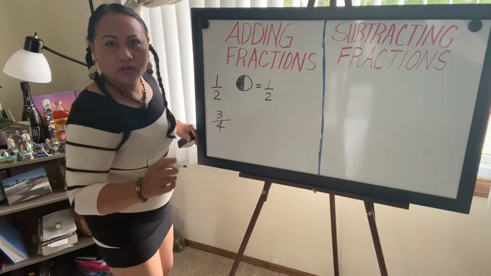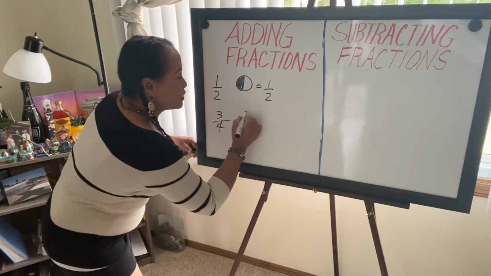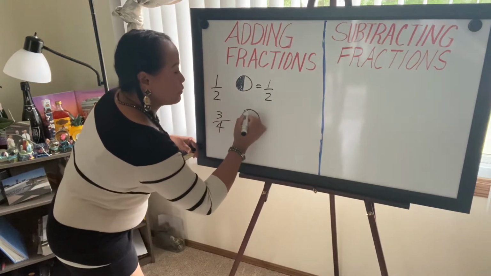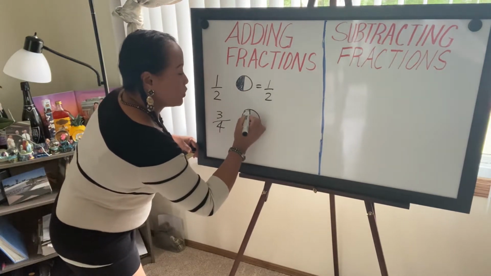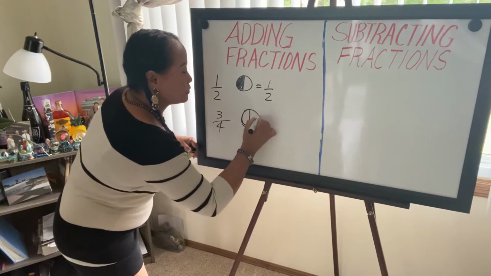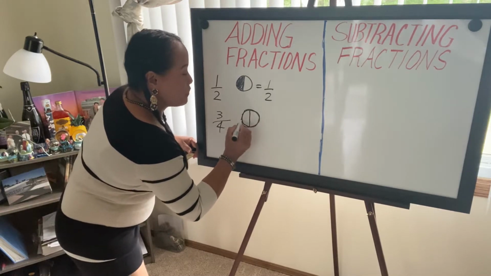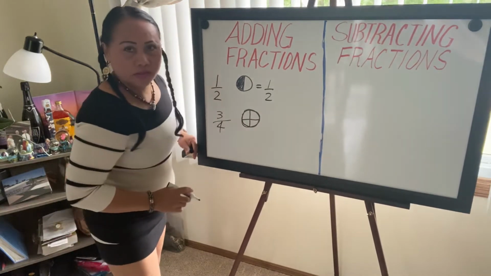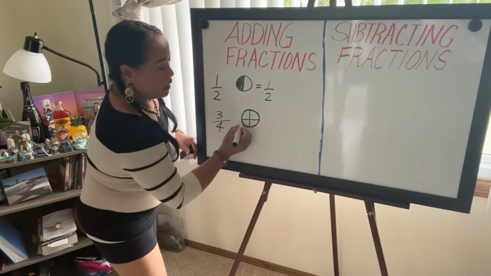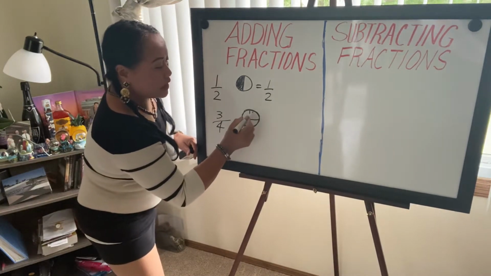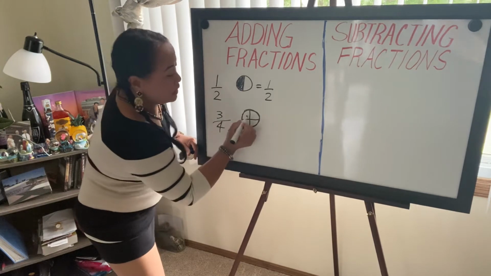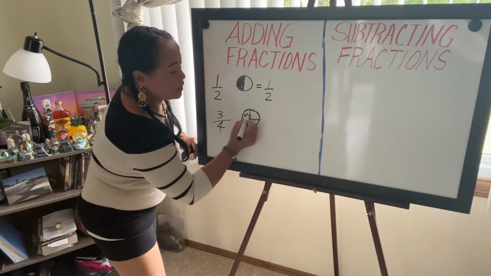Another example, like 3/4. So now, let's say we draw a pizza here. In the whole pizza, there are 4 pieces. And you give these 3 pieces to Christine, the shaded part.